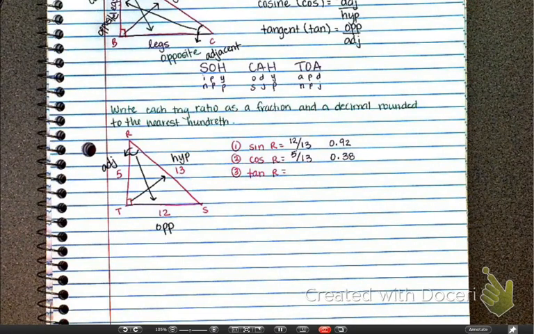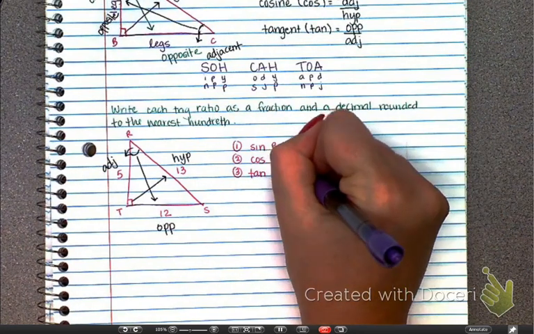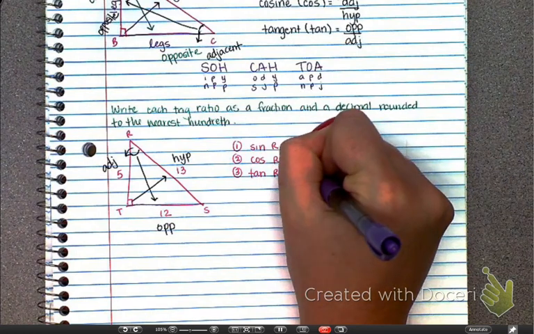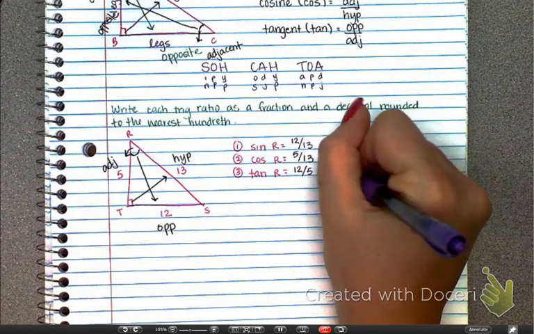And tangent is what two pieces? Opposite over adjacent. So my opposite is 12. My adjacent is 5. Now that's an improper fraction, which is fine. Can I simplify the improper fraction? Nope. What is it as a decimal? 2.4.